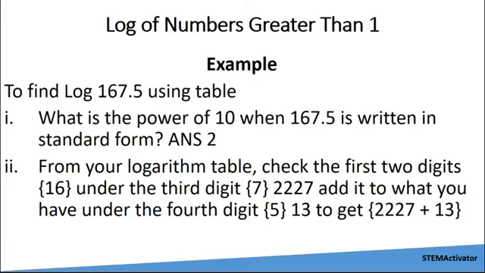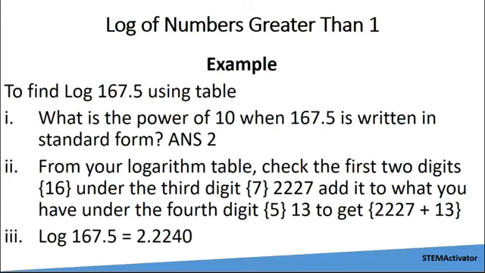If you add the 2227 to 13, what do we have? We have 2240. But take note, the characteristic that we got earlier on was 2. So it becomes 2.2240.